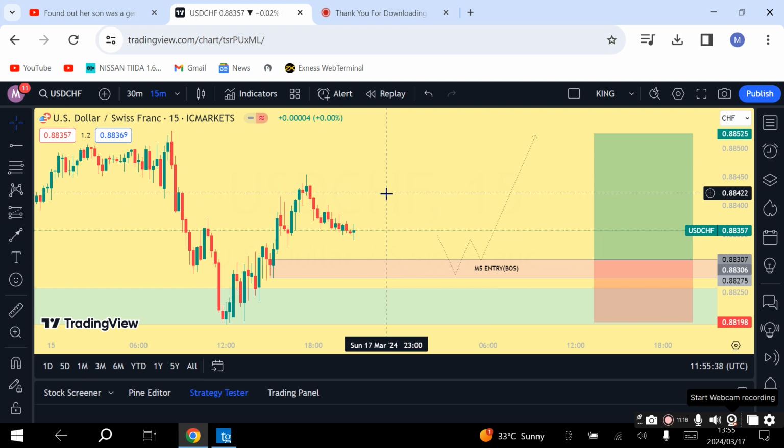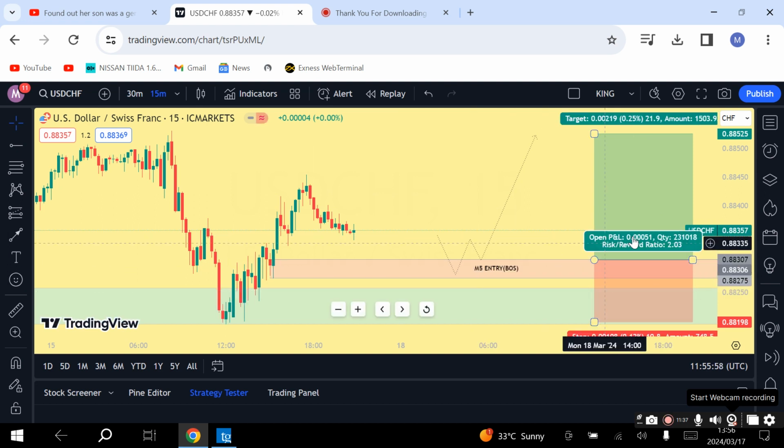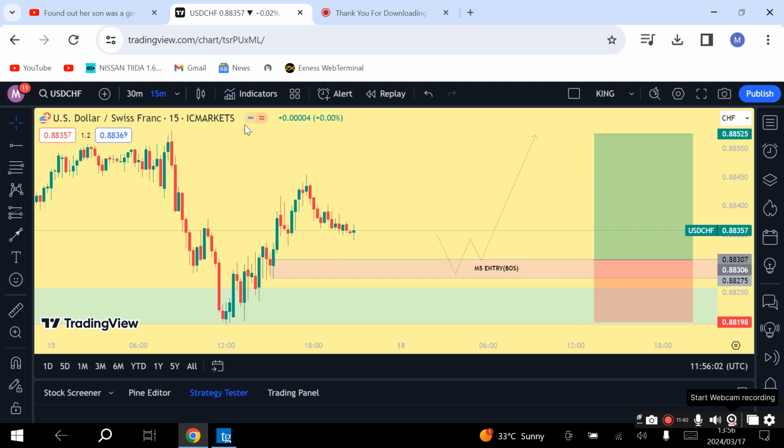So for Monday till Friday, this is what I am expecting, and this is so crucial. My reward to risk ratio will always be 1:2, nothing else, nothing more. As soon as I get a confirmation entry here, I'll enter with a 1:2, right? That's it for the first trade, which is the USD CHF.